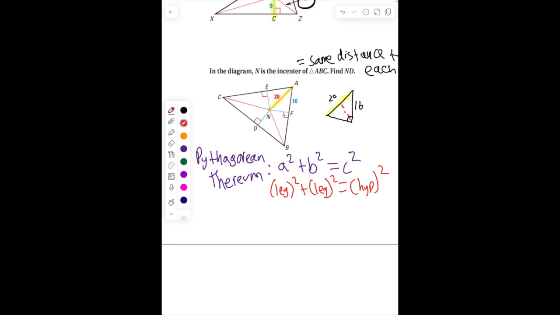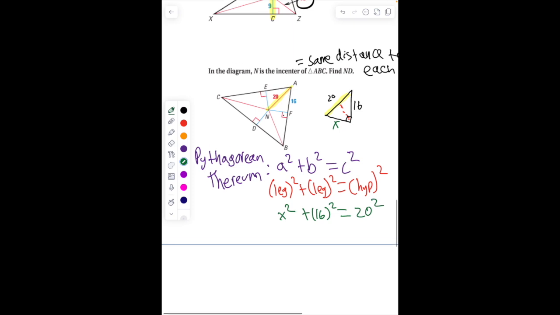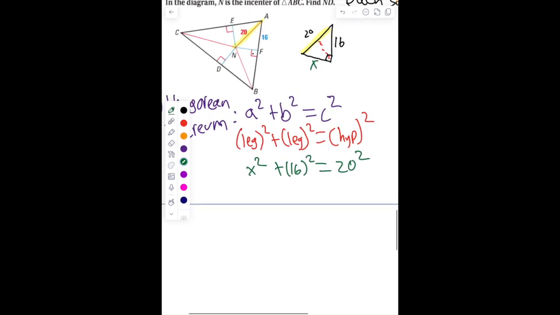So we know that in this case, the hypotenuse is 20, and one of the legs is 16. I'm trying to find this other one, so I'm just going to call it x. Now we're going to start simplifying. 16 squared is 256, and 20 squared is 400.